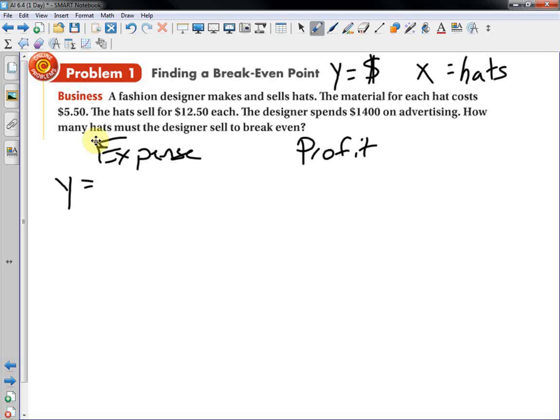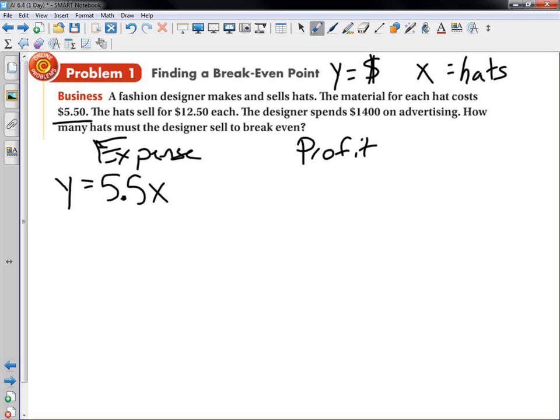So the money, as far as expense goes, is going to be equal to, let's see, which one of these is an expense? The material for each hat costs $5.50. So cost is $5.50 per hat, we know it's going to be $5.50x.